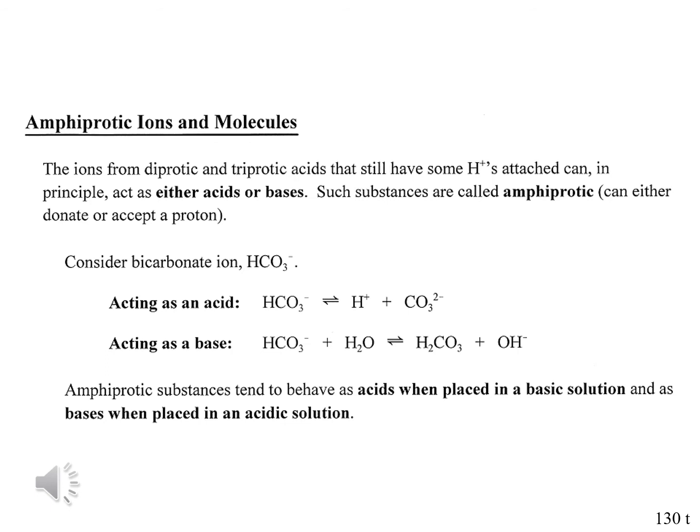It can also accept an H+ from water and produce OH, and that is the second reaction here. The reason it can do this is because it's possible for it to either give up or gain an H+. These are what are called amphiprotic ions.